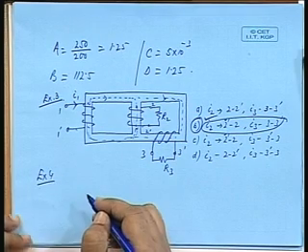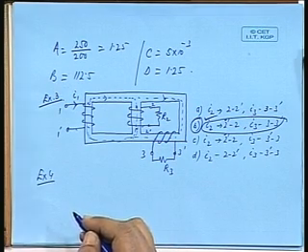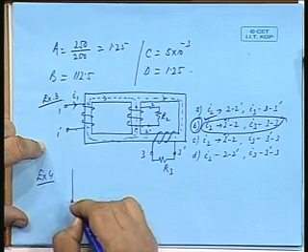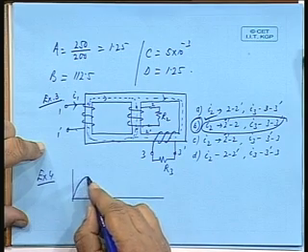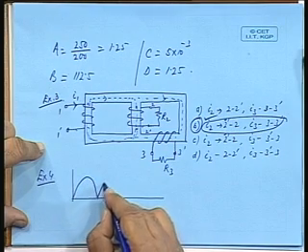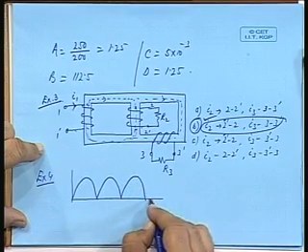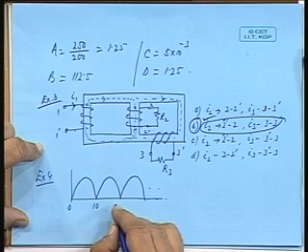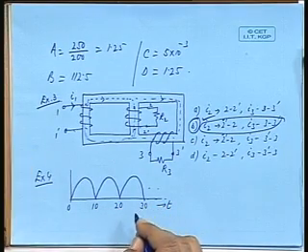Next, we take up another example. Write the expressions for the functions. It is a periodic function 0, 10, 20, 30 and so on.